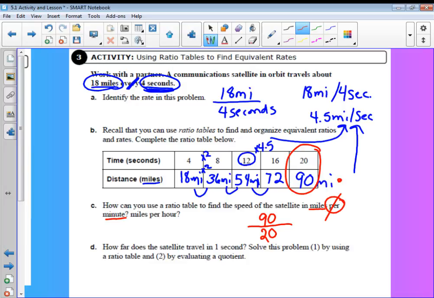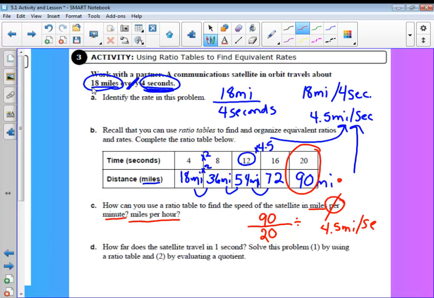If I take 90 divided by 20, it should give me that 4.5 that we found in letter A. And when I do that, it does give me 4.5 miles per second.